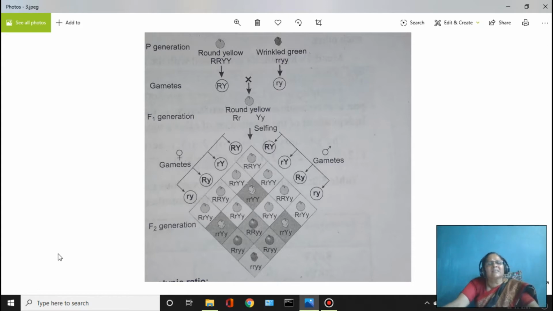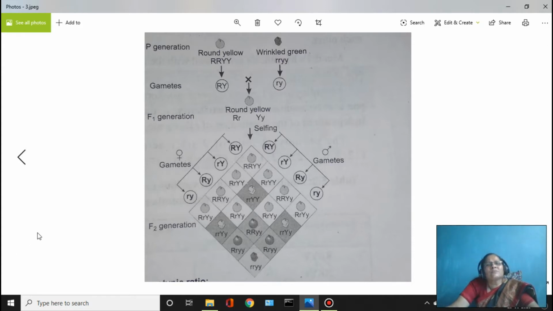Then he conducted dihybrid, trihybrid, polyhybrid crosses, taking two characters together, and more than two characters. Here we are dealing with the dihybrid cross between two organisms, taking two characters for the cross.